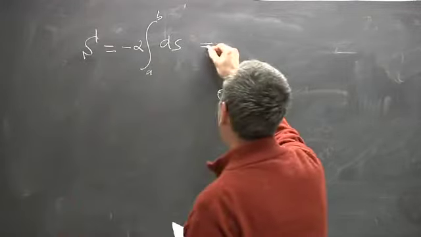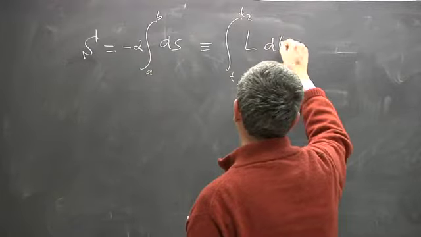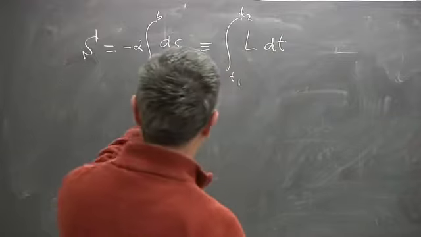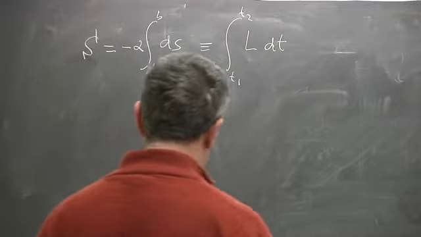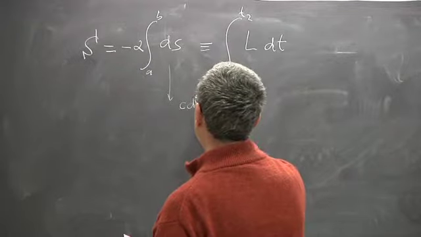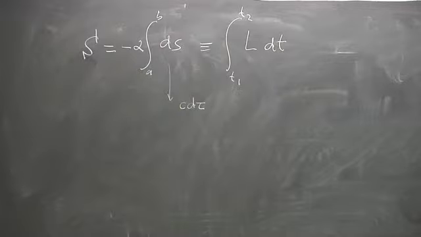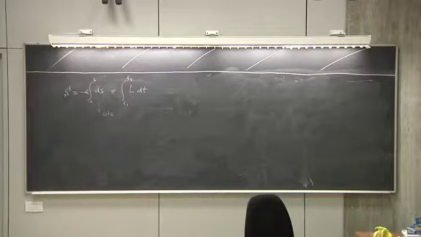And by definition the action is the integral from t1 to t2 of the Lagrangian. You see that ds is c d tau, c times the proper time of the particle. So here just a single particle. If I measure the distance on the path of this particle, then I have the proper time, which parameterizes the motion of the particle.